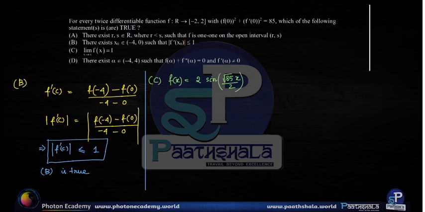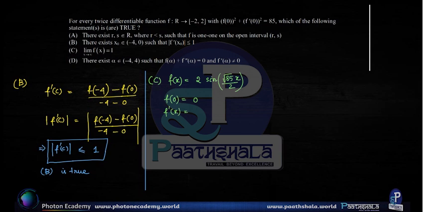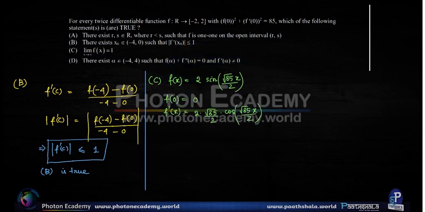We can prove that this function satisfies the equation: we have f of 0 as 0, and f dash x is equal to 2 into root 85 by 2 into cos of root 85 x by 2, and f dash 0 is equal to root 85.